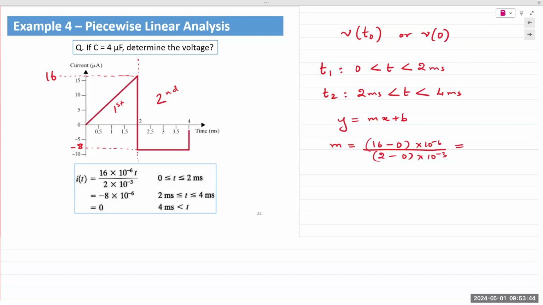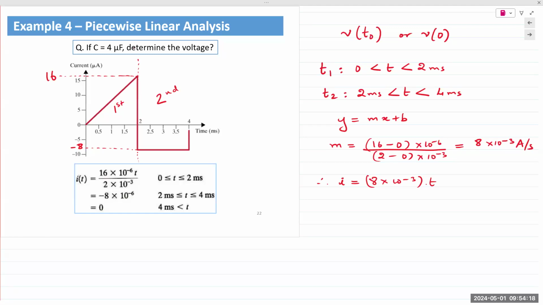You solve this and you get an answer of 8 milliamps per second, or 8 into 10 raised to minus 3 amps per second. So my expression for the first time period is I is 8 into 10 raised to minus 3 t. That describes the value of current I in mathematical terms.